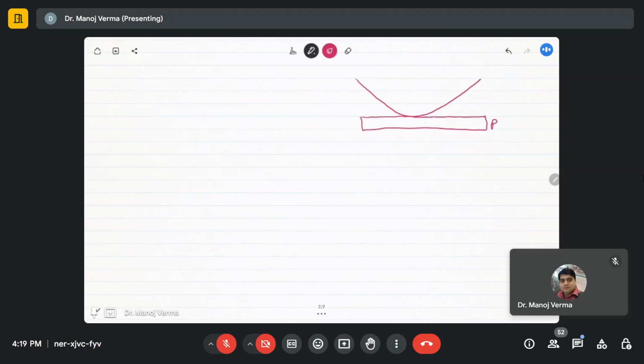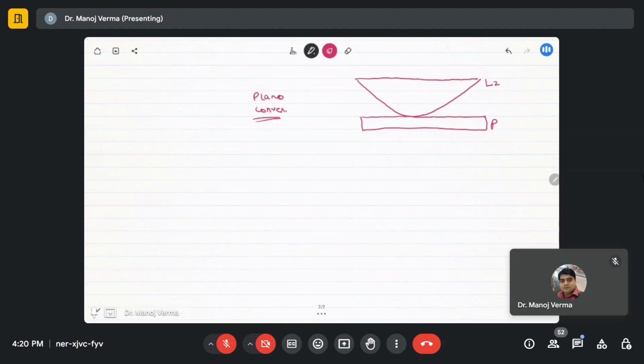Plano convex means one side will be plane, and the other side will have convex type geometry. So it will be something like this, a plano convex lens, right? Let's call this as L2.